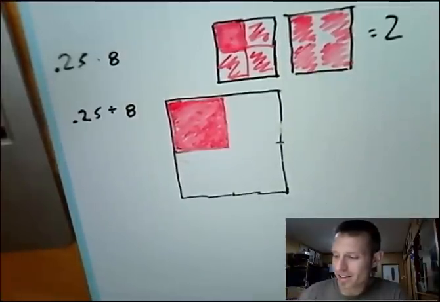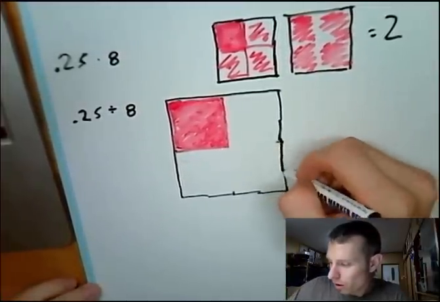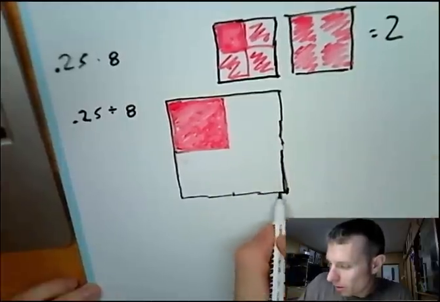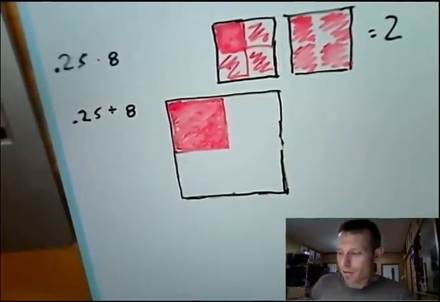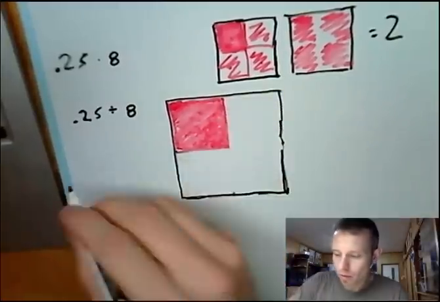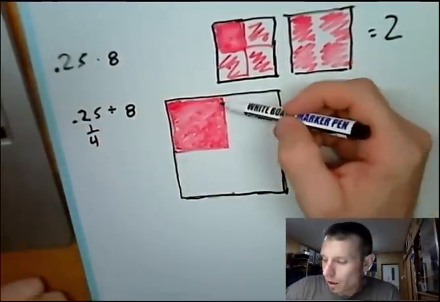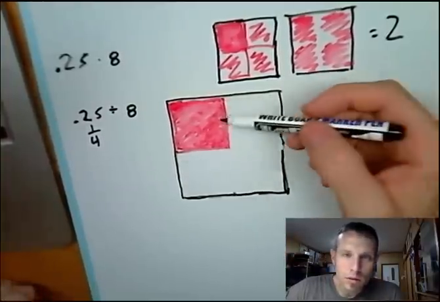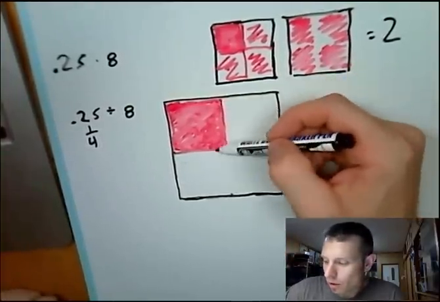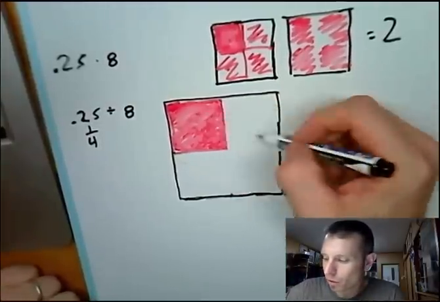Okay, and for this last example, you can see that this whole unit here is 1. This represents 1 unit, and we know that 0.25 is 1/4, so this represents 0.25 of the whole, 25% of it, many different ways to say that.